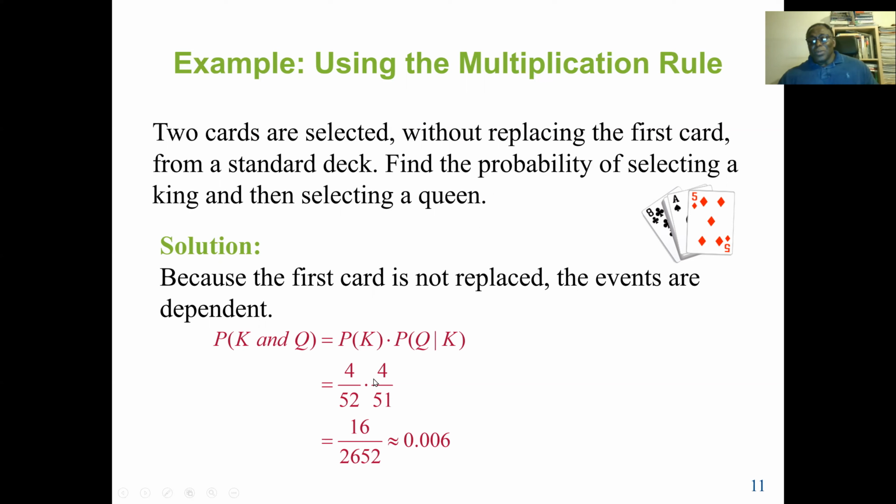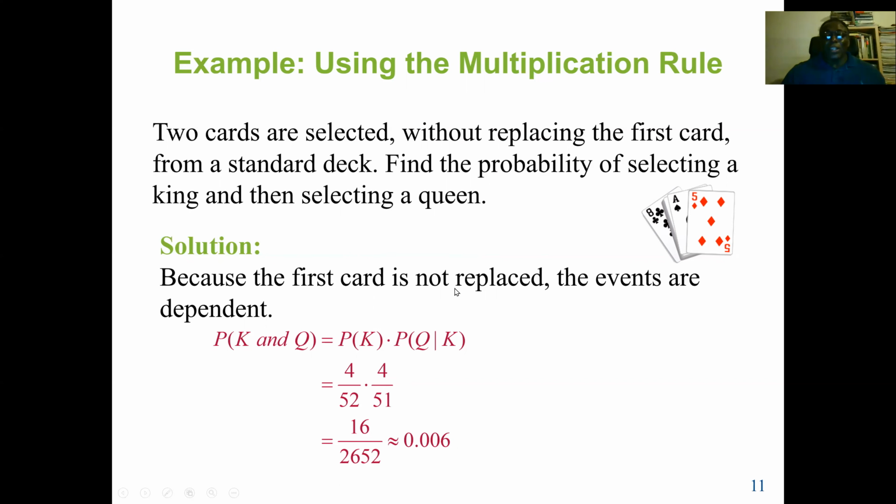So we can see probability of selecting a king. How many kings we have? 4. So it's 4 over 52. Since we are not replacing, the probability of selecting a queen next time will be 4 over 51 because we have taken 1 out already. So this gives us 16 divided by 2652. Roughly the answer will be 0.006.